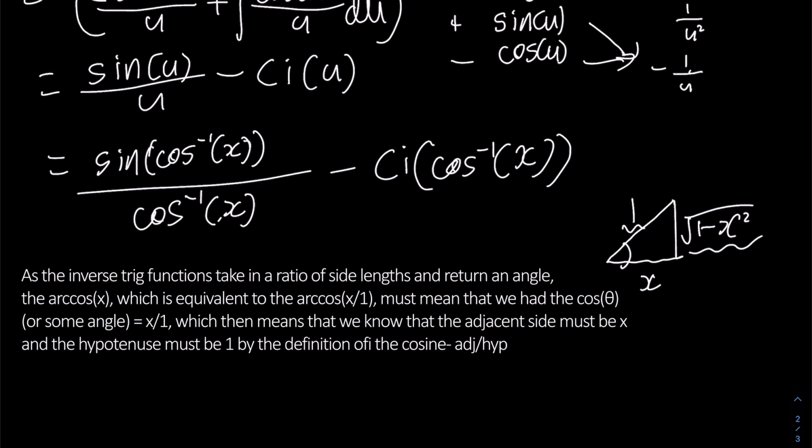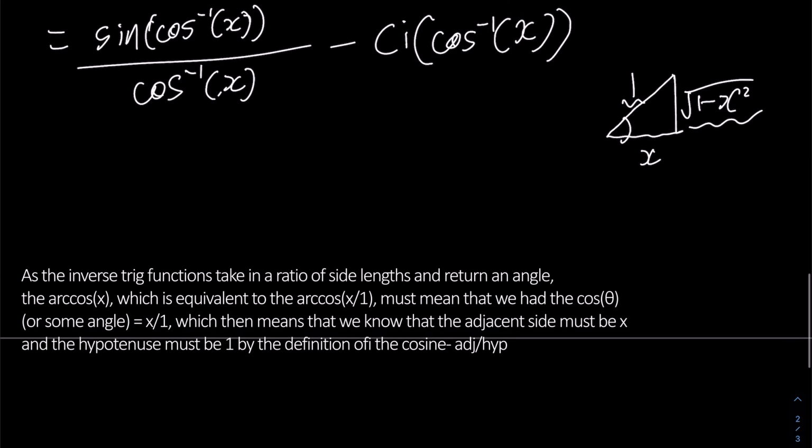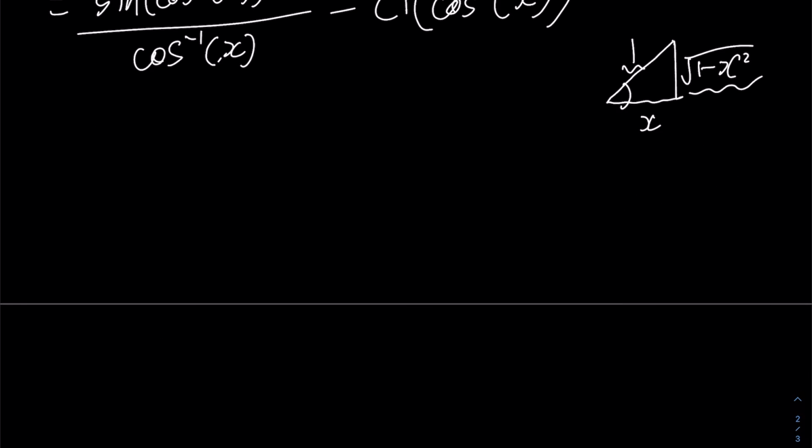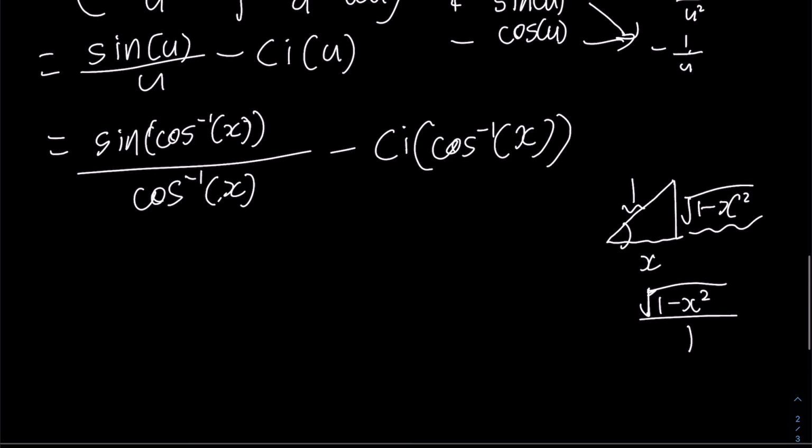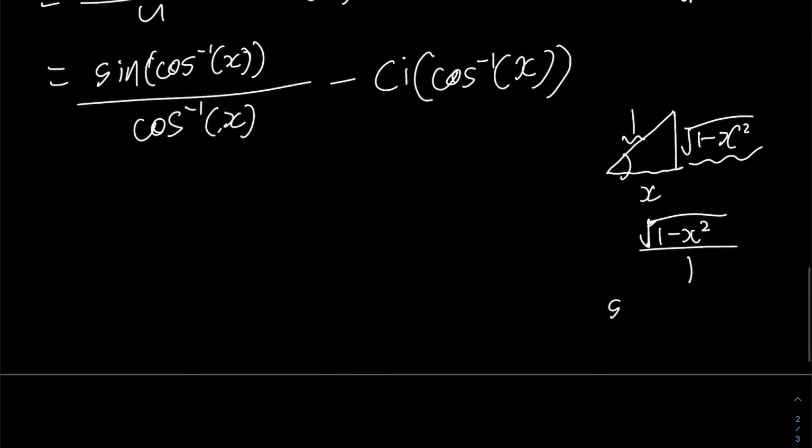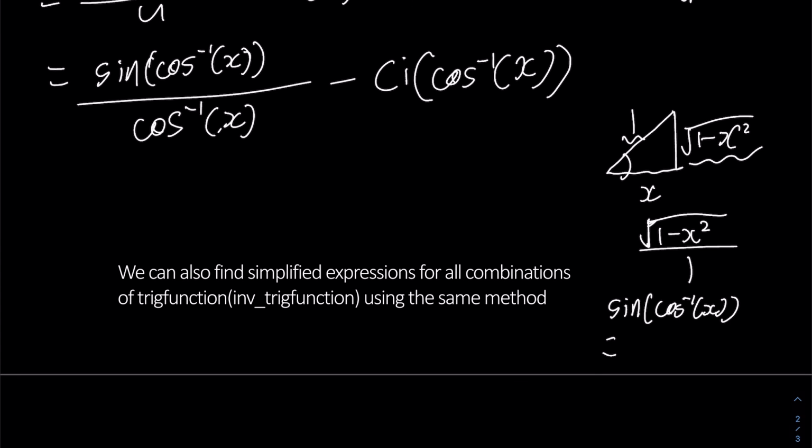So the sine of the inverse cosine, let's write this here. We know that sine of this angle right here, we get the square root of 1 minus x squared over 1, which of course can just evaluate to the square root of 1 minus x squared. So therefore we see that the sine of the inverse cosine of x is equal to the square root of 1 minus x squared.